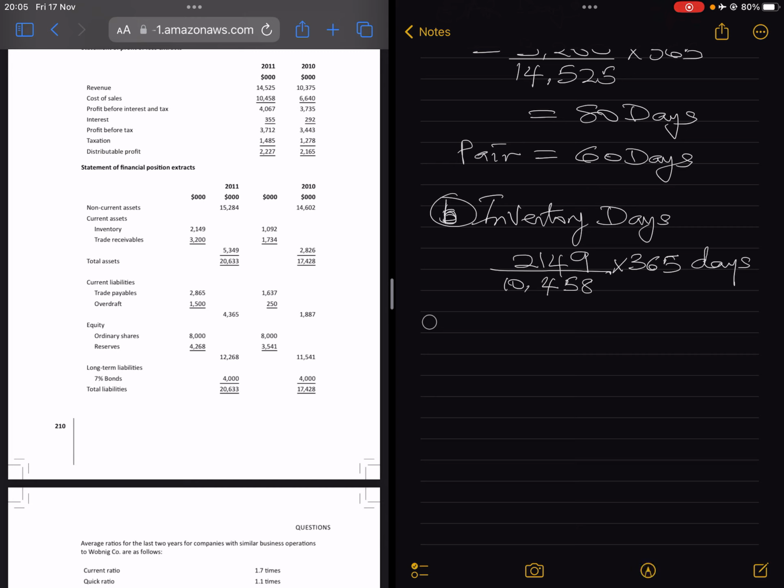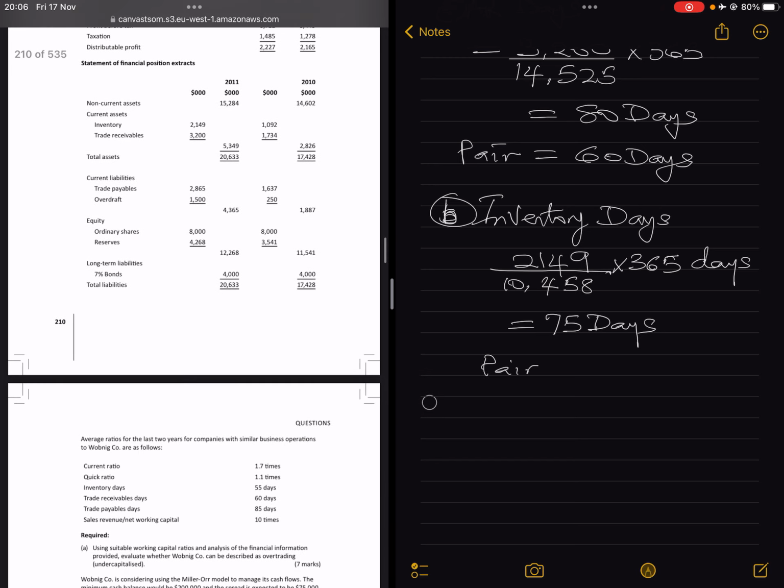Let's see what that comes to. 2149 divided by 10,458 multiplied by 365. We have 75 days. And let's see what the peer is doing. Inventory days for our peer is 55 days. You can see the company is doing more than the peer again, which is also bad.